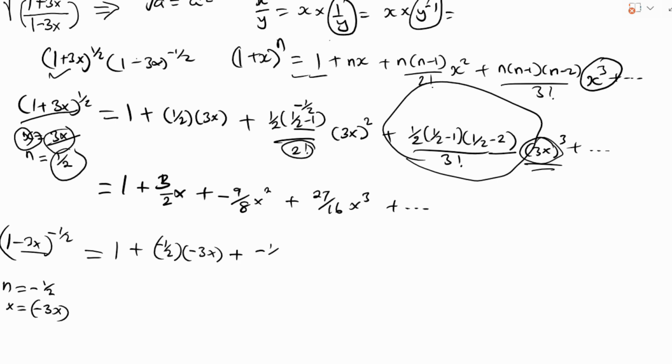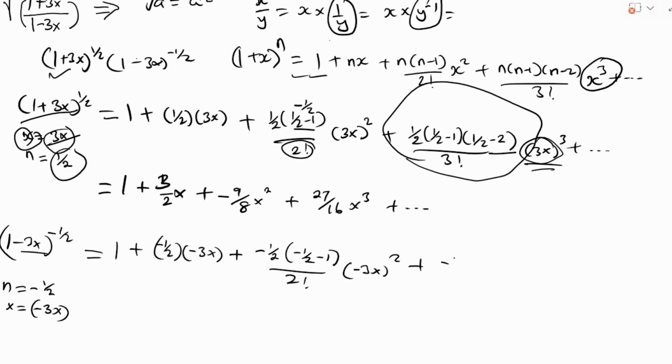again our value of n, negative a half, into negative a half minus 1 divided by factorial 2 multiplied by (negative 3x) squared, and then added to again negative a half.